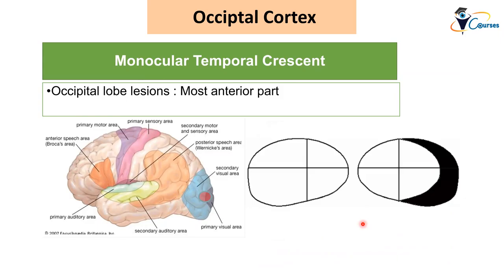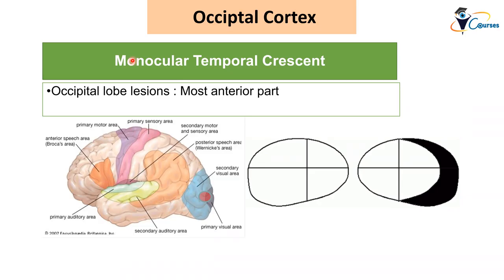Another characteristic lesion which occurs in the occipital cortex is the monocular temporal crescent. This will be the exception to a rule. So what is the rule? The rule is any retrochiasmal lesion will cause bilateral visual field defects.